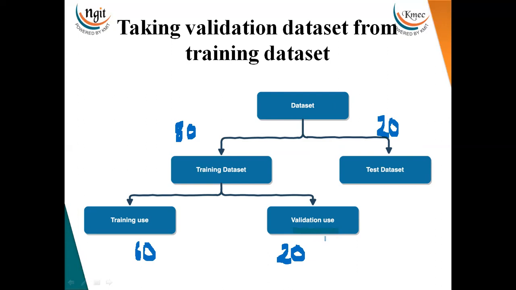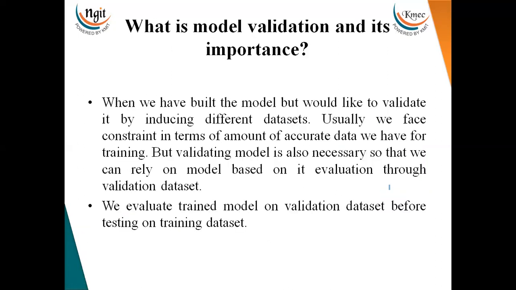So if you use this validation phase, then you can see how your model is performing on some of the unseen data. Then you can conclude how your model is performing on completely unseen data. So this is one of the solutions for your overfitting.